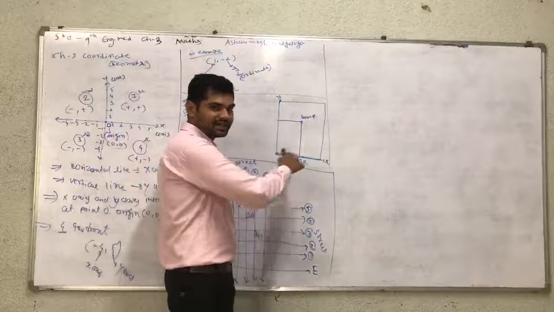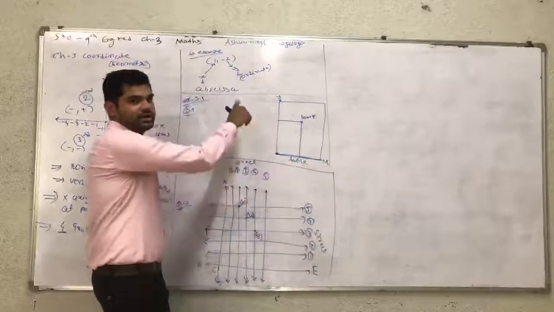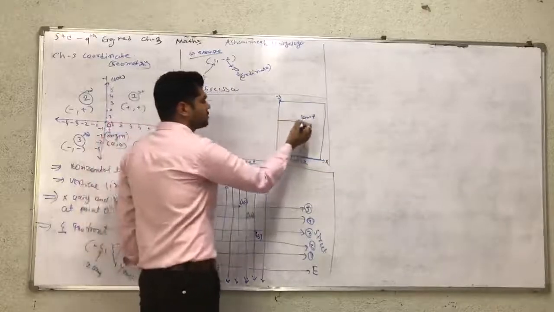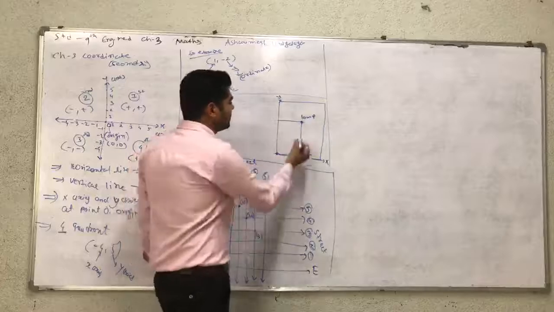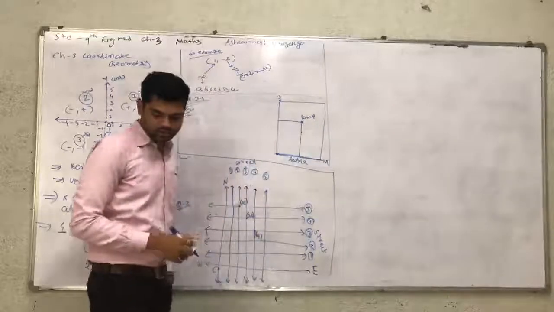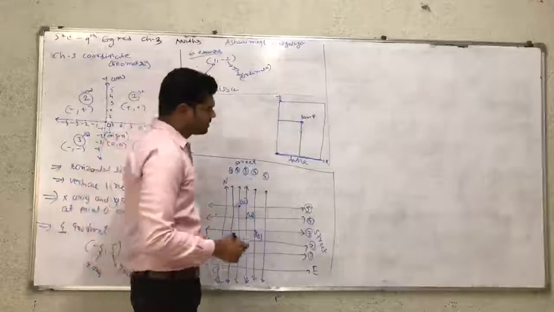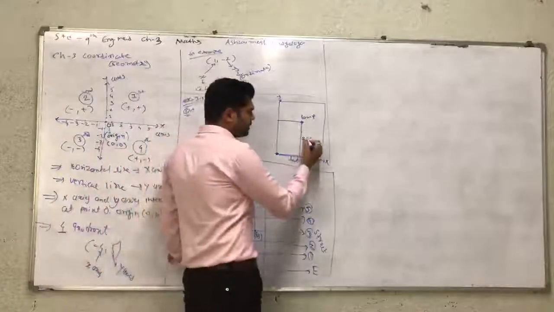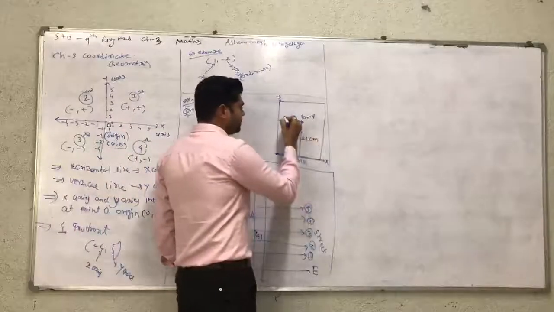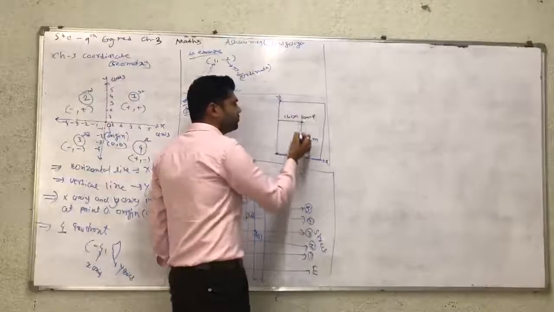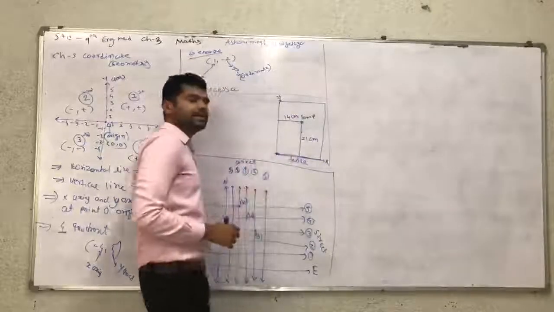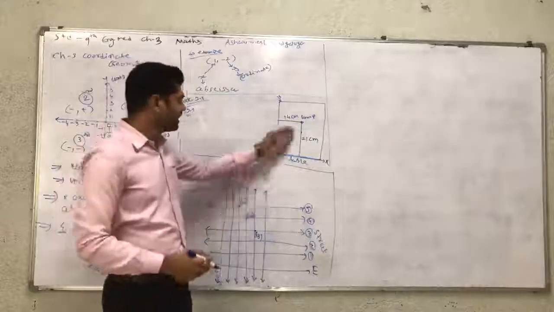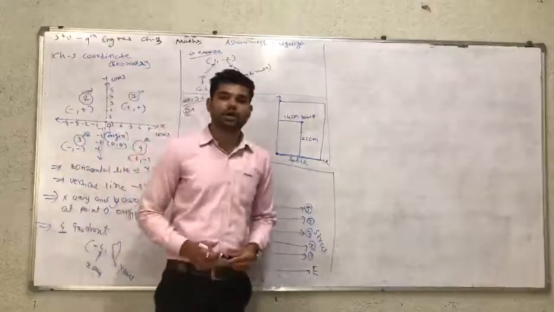On the right side is the x-axis and on the left side is the y-axis. So the position of this point can be represented by lengths. Suppose we move 21 centimeter on one side, and here we move 14 centimeter from this point. So these two measurements represent the position.